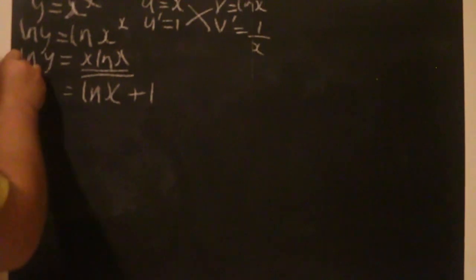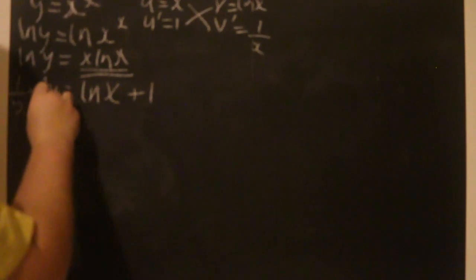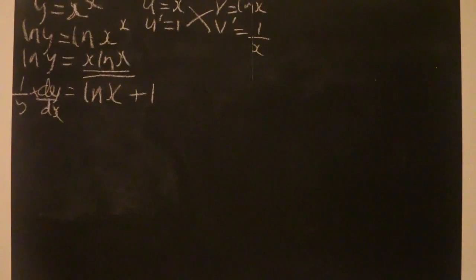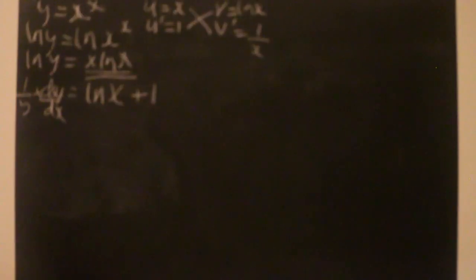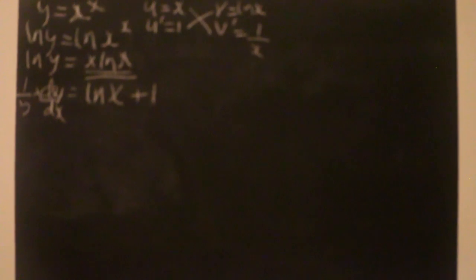So that's just 1 over y times dy dx, as we discussed when writing out the proof for it. So, just as a recap, we use the product rule to find the derivative of x times ln of x, which gives us ln of x plus 1.